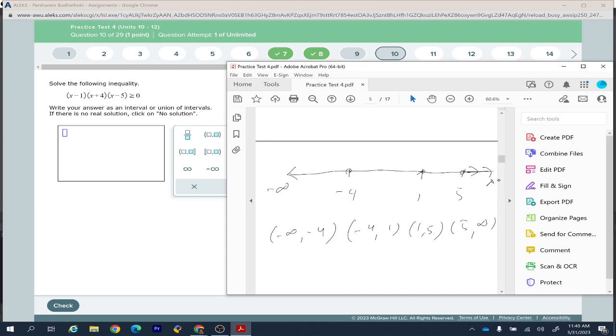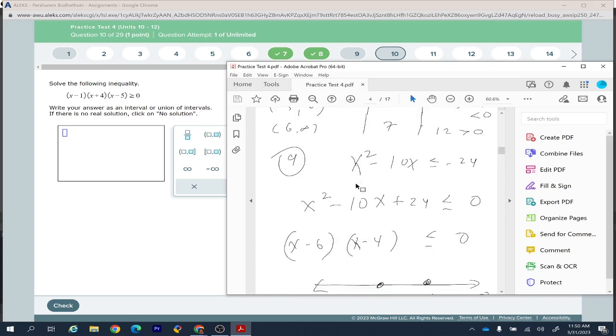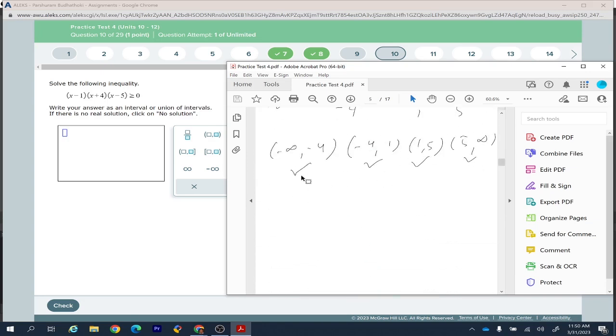Now you have to pick a testing point from each of these intervals and check what happens to this whole expression at those testing points. You need to find out whether the expression on the left side would be positive or negative, and then make your conclusion based on that, like we did in the previous problem number 8. Okay, so I'm going to skip this leftover part for you.